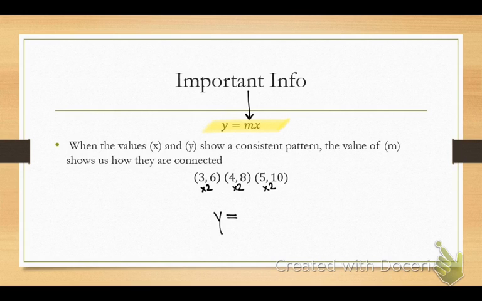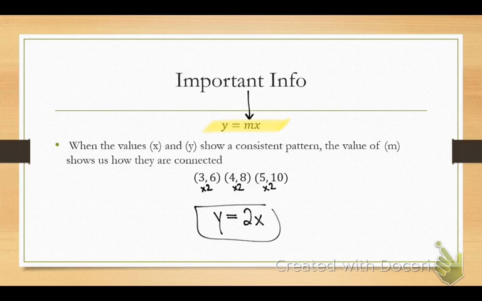Multiplied by 2, is the equation that would represent these ordered pairs. So I'm working backwards from what you've done in section 4.1. Now I'm coming up with the equation that is represented by the ordered pairs, but I can only do that if it's a proportional relationship, meaning I'm doing the same thing to all the ordered pairs. So y equals mx is really important.